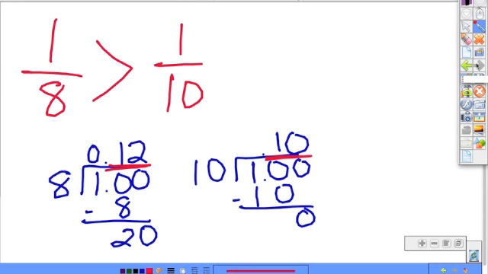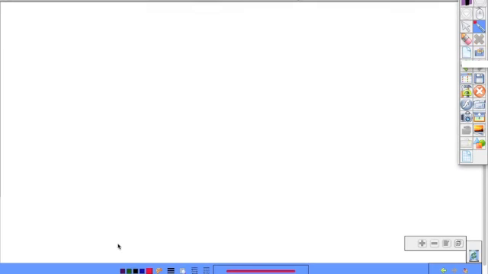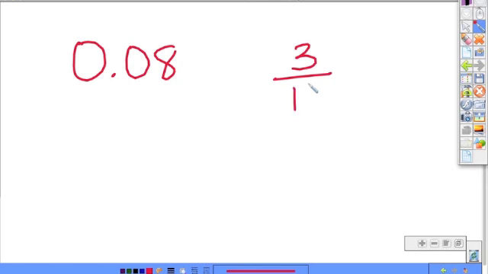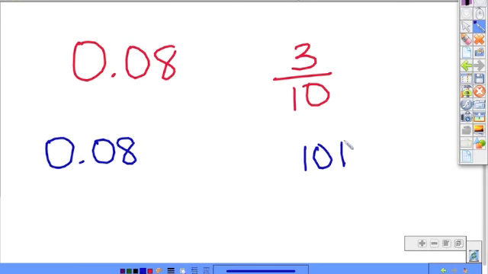Okay, let's try another one. What if we have one that already has it in decimal form? Well, that's actually kind of nice for us. So we have 0.08 and then 3/10. Now, since this one's already in decimal form, we don't need to do anything with it. So we're going to leave it like that, 0.08. And this one we're going to go ahead and divide. 10 into 3.